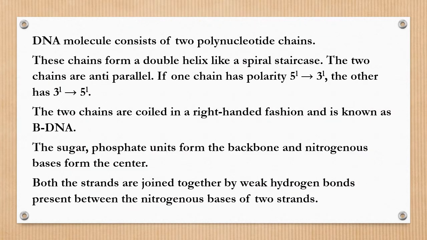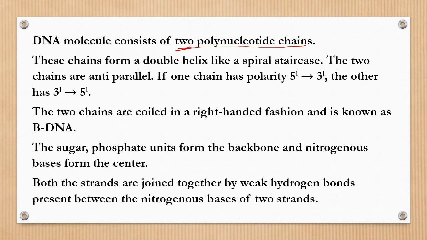So just now we discussed a polynucleotide chain. The polynucleotide chain is present in the 5 to 3 direction, that is fifth end to third end. The fifth end ends with a phosphate group, and the third end ends with the hydroxyl group. Now let's see the structure of DNA. A DNA molecule consists of two polynucleotide chains. Previously we discussed one polynucleotide chain, but DNA consists of two.